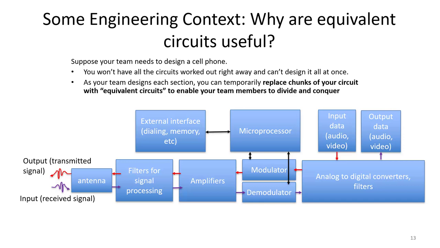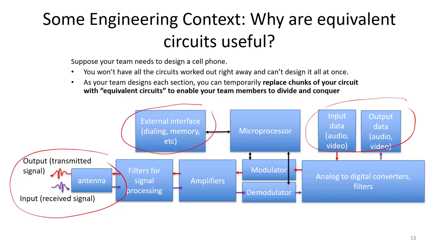This figure shows a very rough schematic or block diagram of the things that we would need in a cell phone. So you can see, for example, we have an antenna that is transmitting and receiving signals. And we also have input and output for voice and video. There's an external interface like buttons and memory. We have a microprocessor.